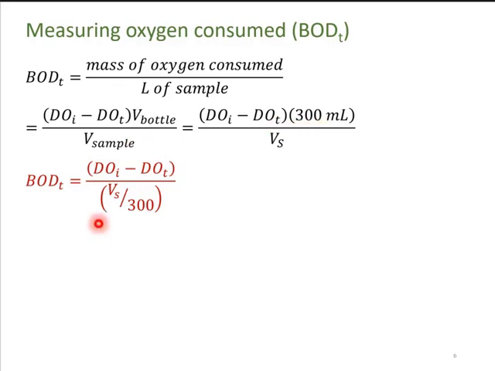And so with a little bit of math, we can come up with an equation that says that BOD at time t is the dissolved oxygen at time 0, or initial, minus the dissolved oxygen at time t divided by the volume of the sample divided by 300, which often is given the name the dilution factor, or P. So if you see DO minus DO over P, this is the same equation.